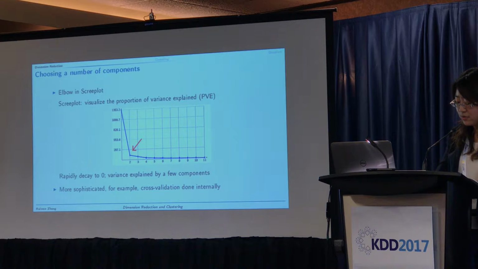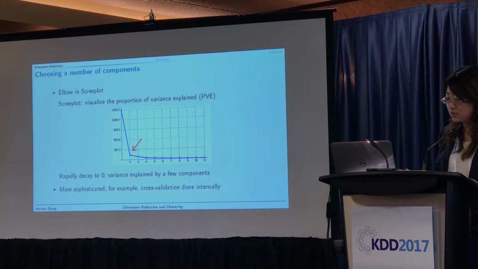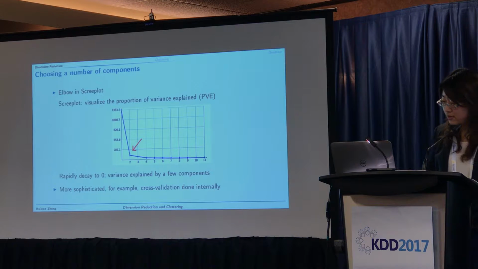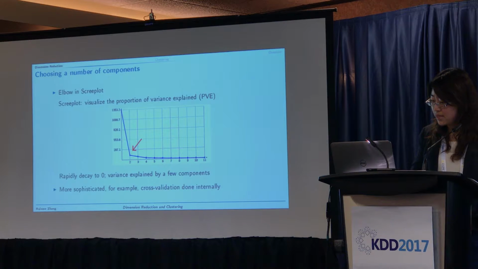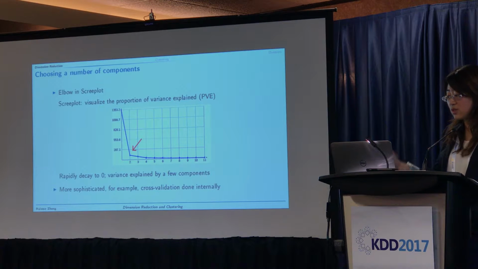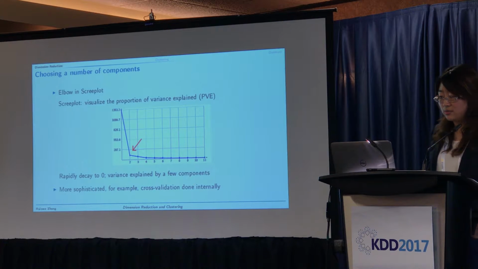To choose the number of components, we can either set a hard cutoff, say 80% of the total variance in the data, or look for the elbow shape, which this red arrow points to in the PVE curve. There are also more sophisticated methods using cross-validation to choose the proper number of PCs when we don't see such a clear elbow shape in the plot.